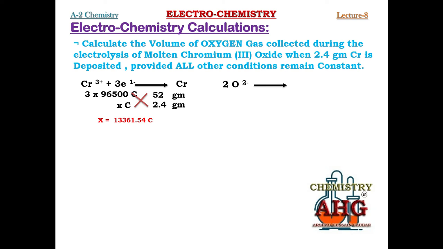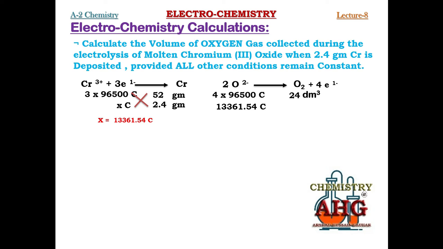So oxide ion will produce oxygen by losing electrons. Now you can see, for producing 1 mole of oxygen, how many moles of electrons are involved? 4. So you can write down 4 into 96,500 coulomb is equal to 24 cubic decimeter. And how much charge has been passed for 2.4 gram of chromium? 13,361.54 coulombs.